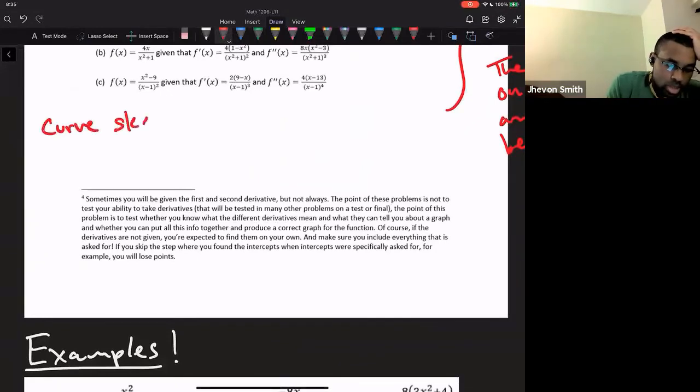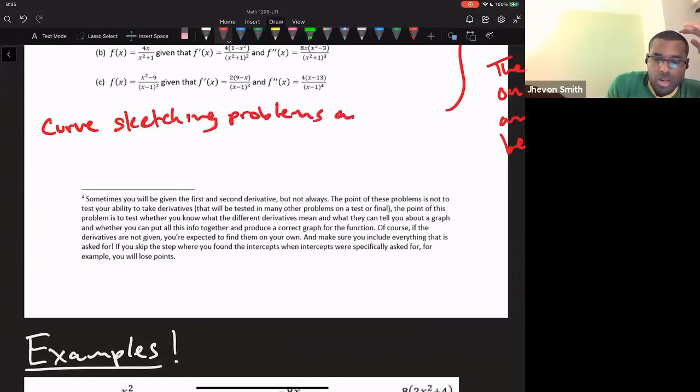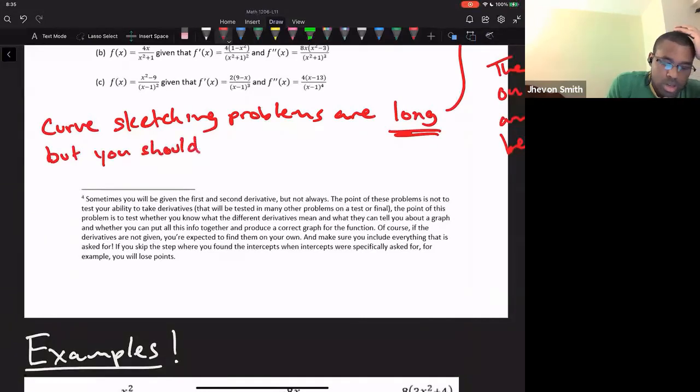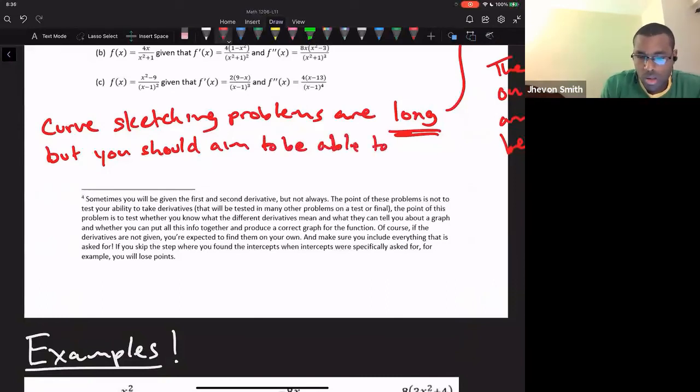Curve sketching problems are long, but you should aim to be able to do them in roughly 15 minutes.